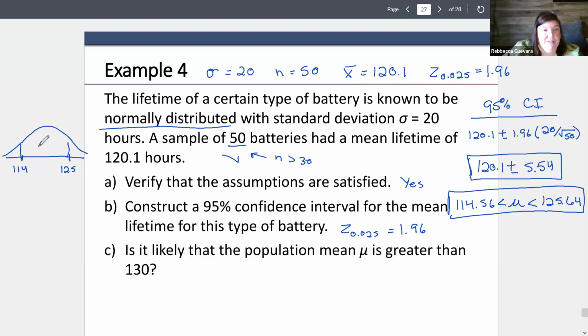And we said in this range is a 95% chance that mu is in here. So what's the probability of it being over here? So 130 is over here.